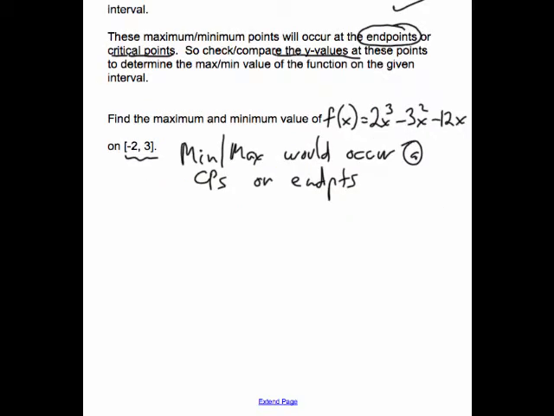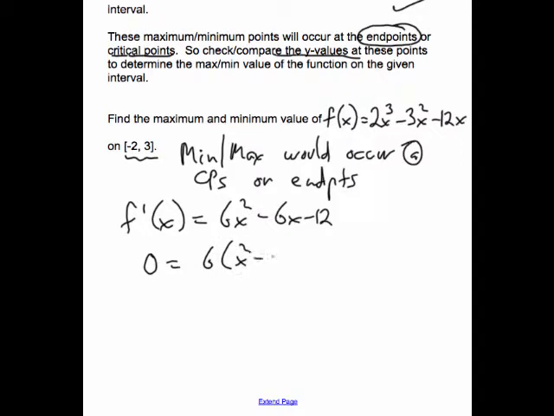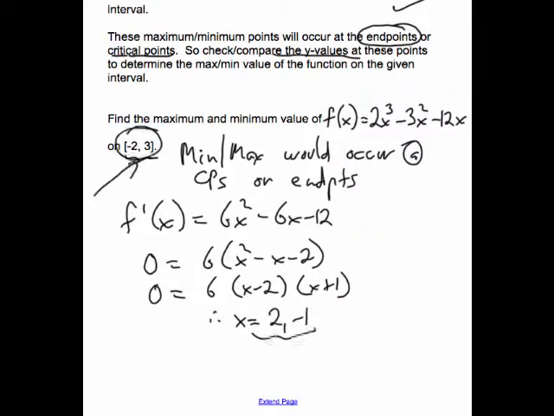So to get the critical points, I need the derivative, and the derivative is 6x squared minus 6x minus 12. Let's set our derivative to 0. Factor. And so we have critical points at 2 and negative 1.